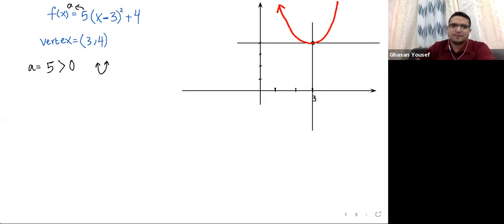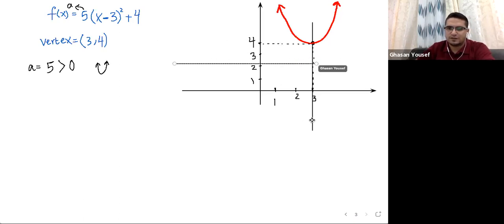Okay, so this is the graph of the function. And again, this is the vertex point. This is 4, 3, 2, 1, 1, 2, 3, 4. Any questions for the graph?